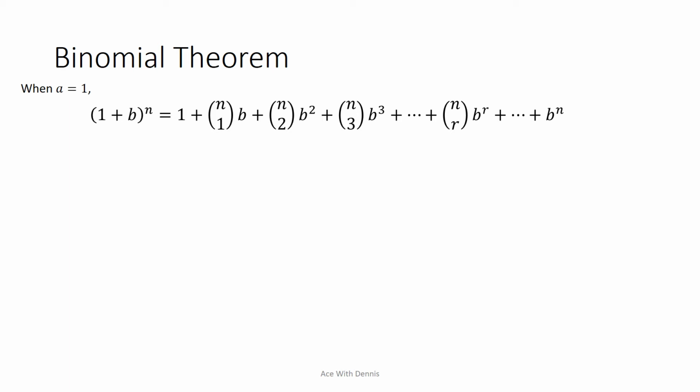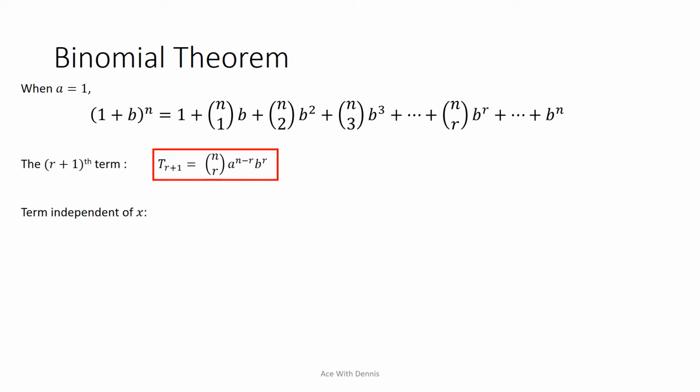You can see that we ignore the first term a, because it is 1. If we want to find the (r plus 1)th term, T r plus 1, it is n choose r times a to the power n minus r, b to the power r. This is a formula that you should memorize.